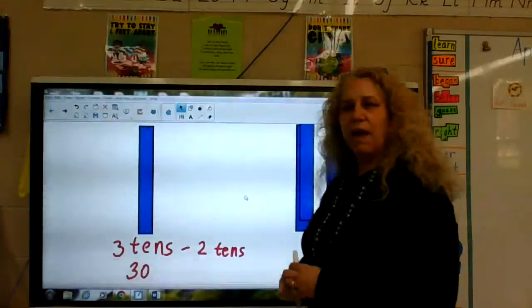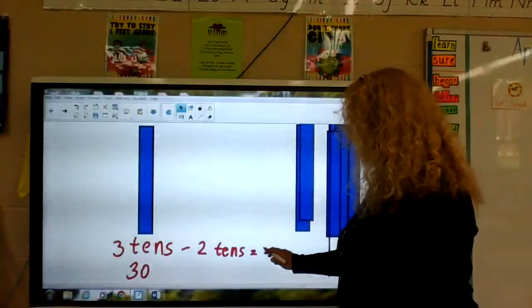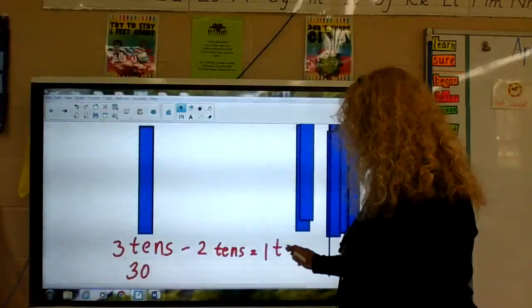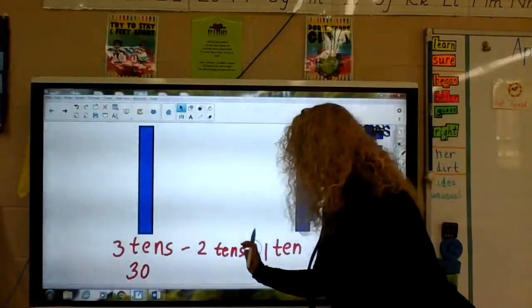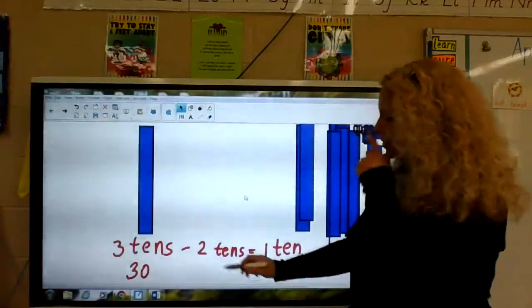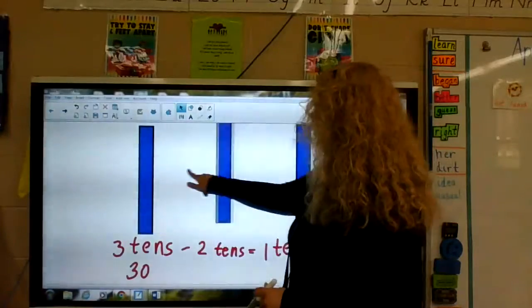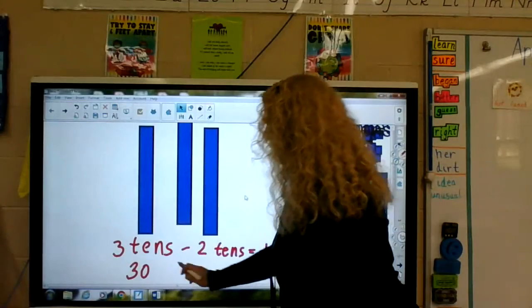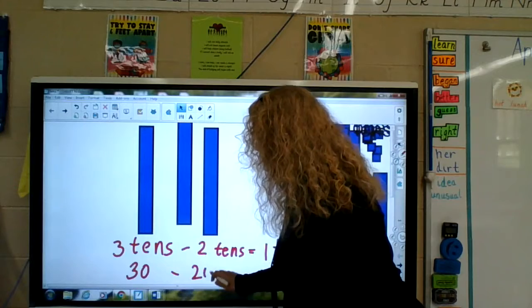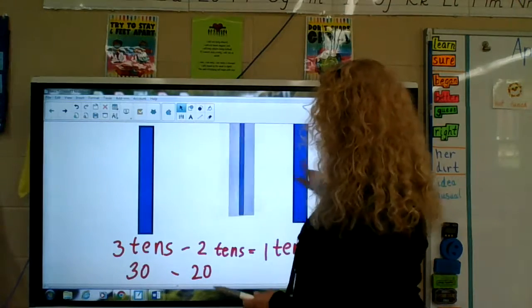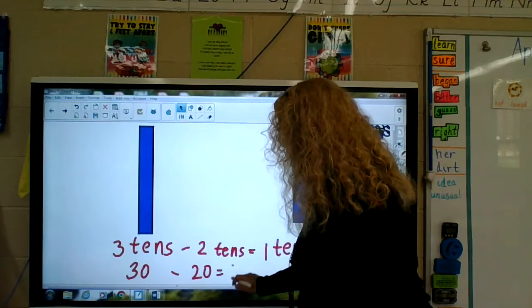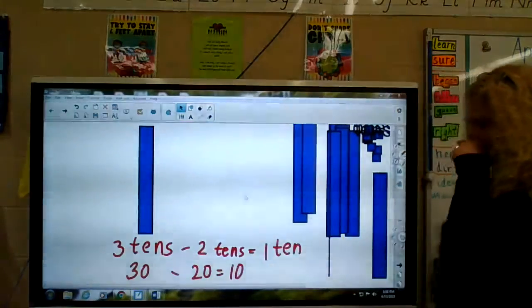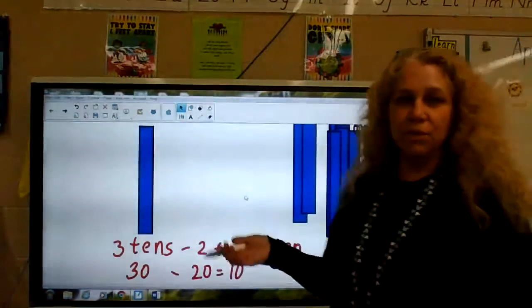How many tens are left? 1 ten. And 1 ten equals 10, right? So that means this was 30 minus 20 equals 10. Same thing as adding, we're just taking away.